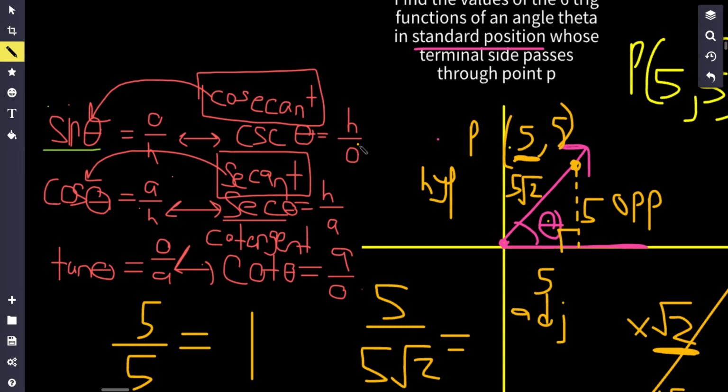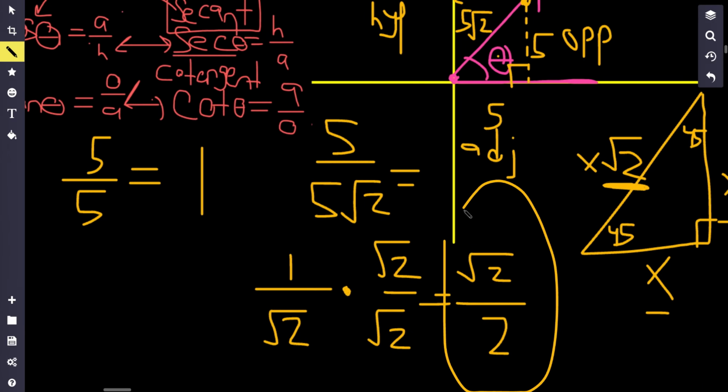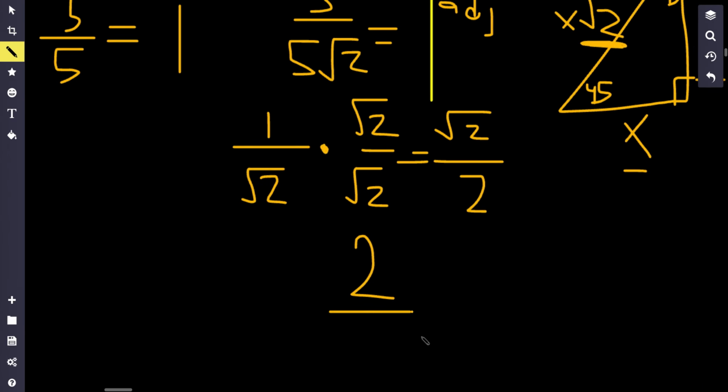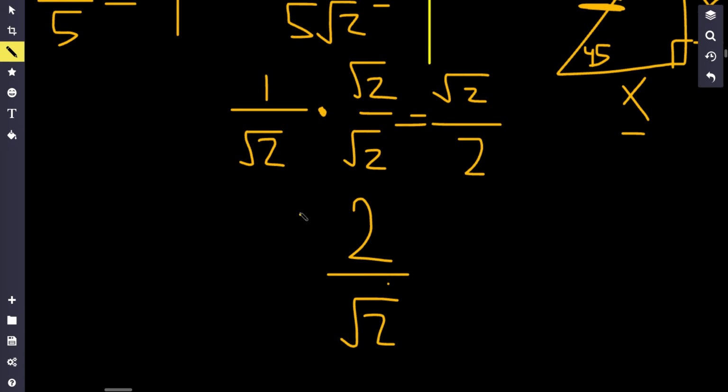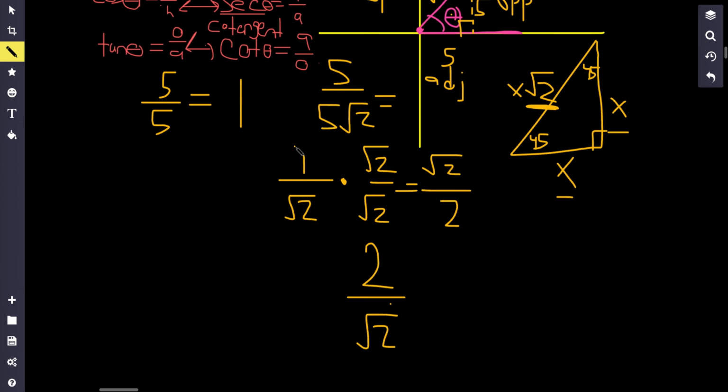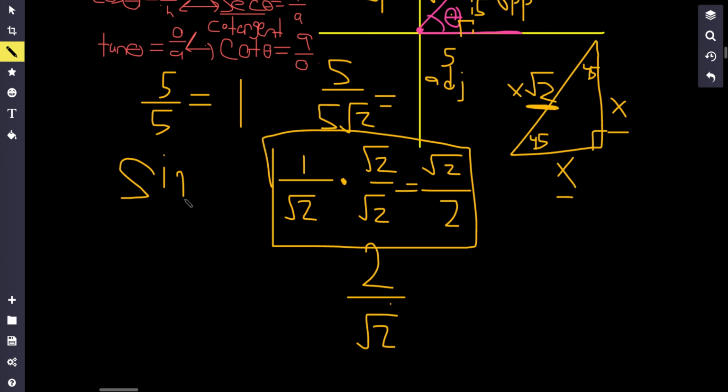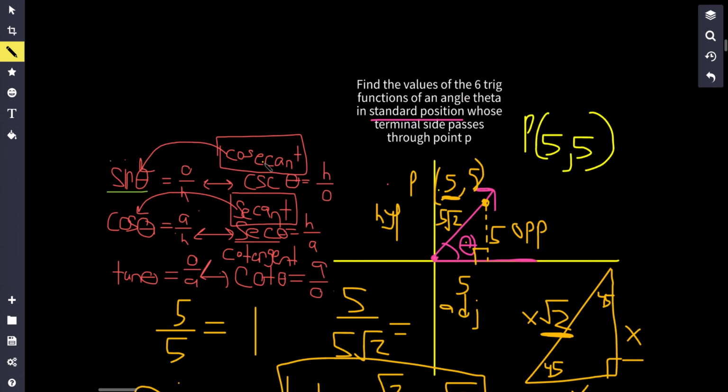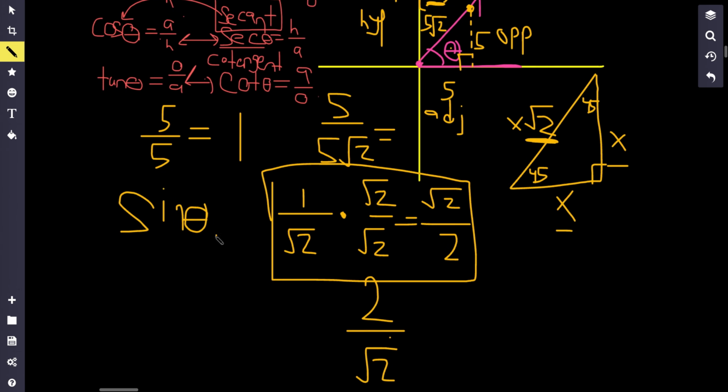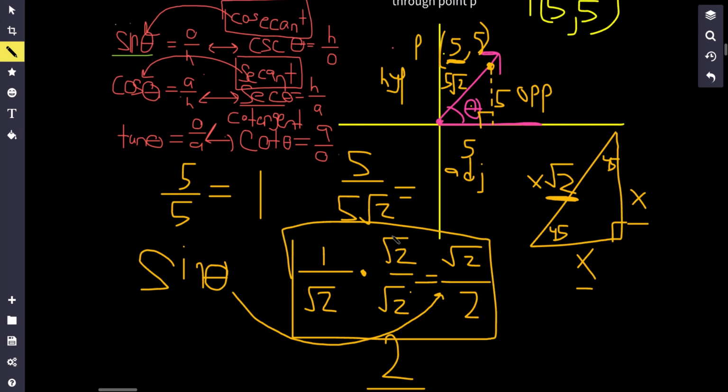And cosecant is just going to be the reciprocal of what we have here, so it's going to be 2 divided by radical 2, because this right over here is the value of sine of theta. That means that cosecant of theta is literally the same thing, except you just flip the opposite over hypotenuse part.